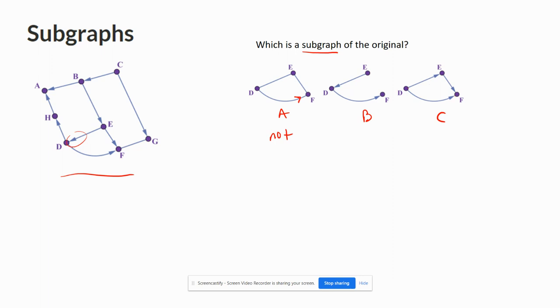And D going to F is the same, and then E going to F is the same. But since this is not the same, this can't be a subgraph. This one is technically a subgraph because even though it's missing this part, these other parts are true about the original. So this is probably the trickiest thing so far. Trying to figure out what's a subgraph and what's not.